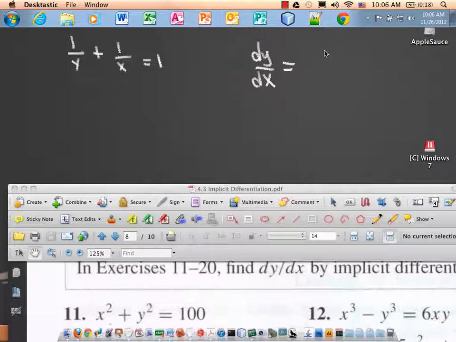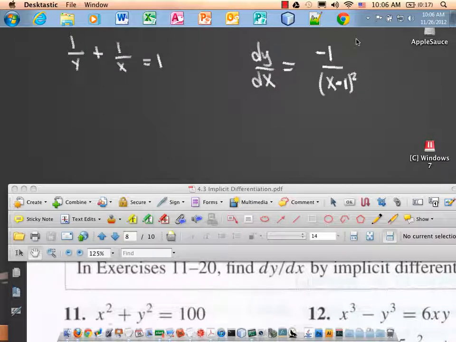Negative 1 over (x minus 1) squared. Parentheses squared. Okay. And that's it right there?